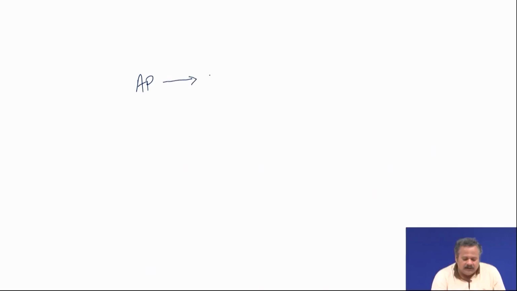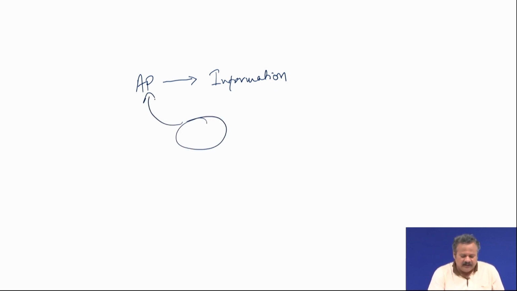That action potential is encoding a particular type of information in some transformed way of some phenomena that is producing that action potential.